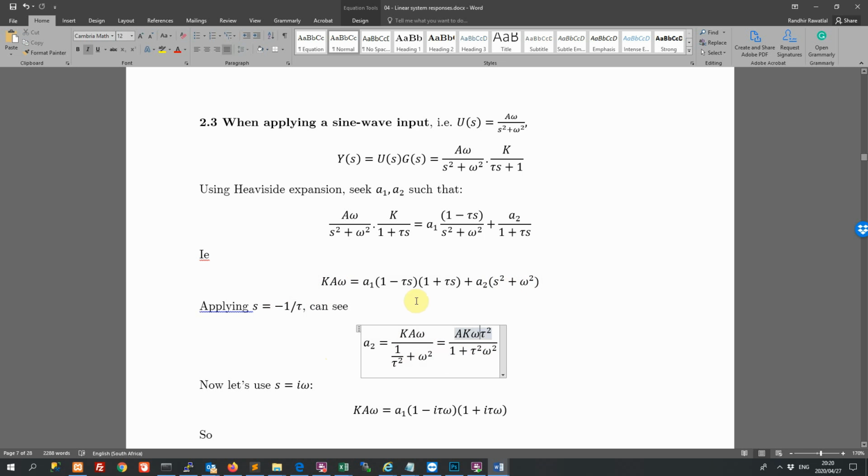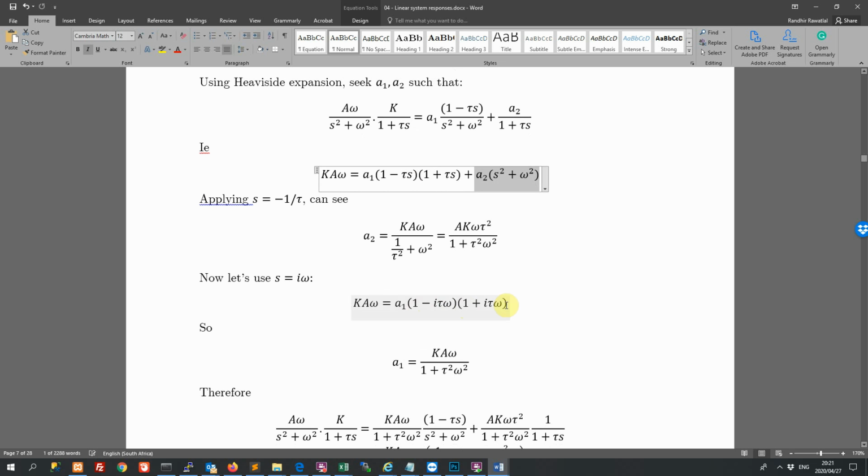Now for A1, to get at A1, we want to make this term vanish, and the value of s which does that, you can see, is going to be i omega. So i omega squared is going to be minus omega squared, so minus omega squared plus omega squared is 0, so that will vanish. So if we apply s equals i omega, it makes that term vanish, and in this case it makes this term become 1 minus i tau omega and 1 plus i tau omega.